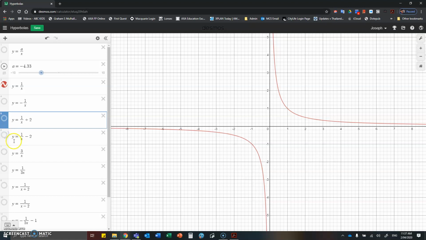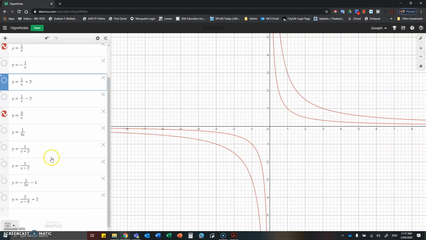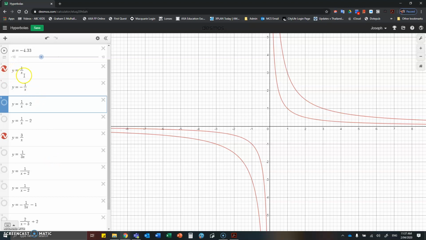Okay, what happens if we decide to change the value of a? So we're increasing the value of a. Let's make that comparison. You'll see that it is not as skinny as your first one. I know the graphs are a little bit similar in color, but we'll make do with that. So you'll see y equals 1 over x is a very skinny one, tapers towards 0.